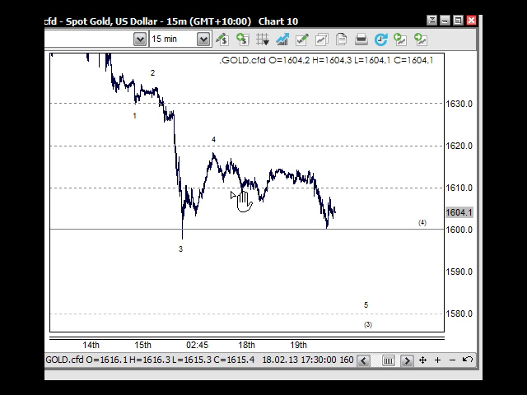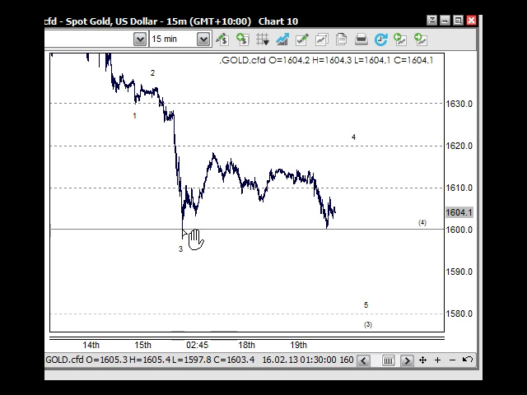Now, this wave 4 here, just got to point out that wave 4s are normally sideways and complex. So this wave 4 may be over here as well. And what that would mean is, we know this is corrective, and we know that eventually we'll make new lows because this wave here is in 3 waves. So we know that this move is corrective. It's a continuation pattern, and it'll eventually move down.